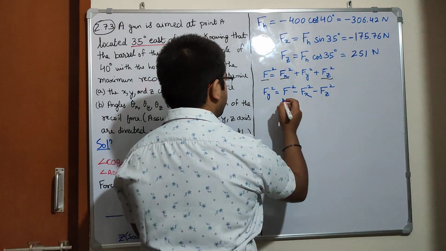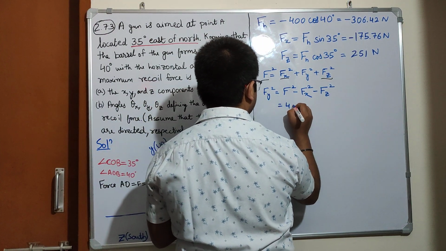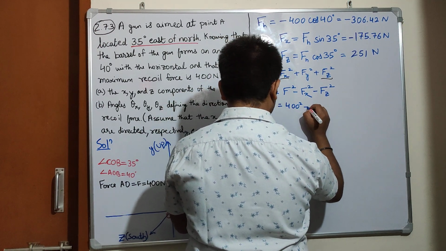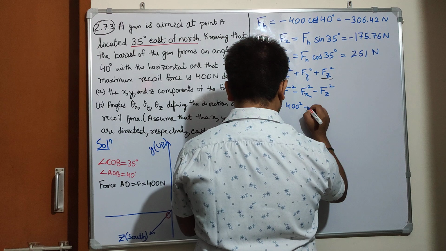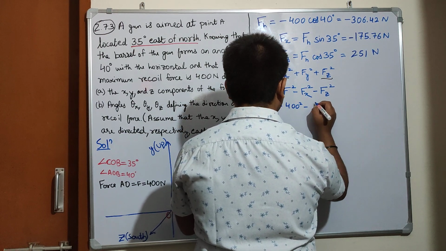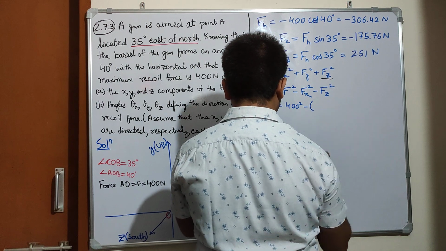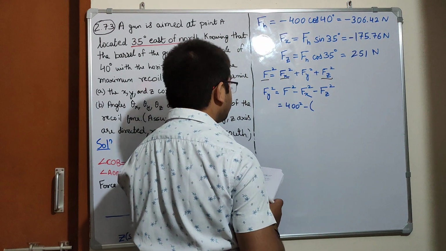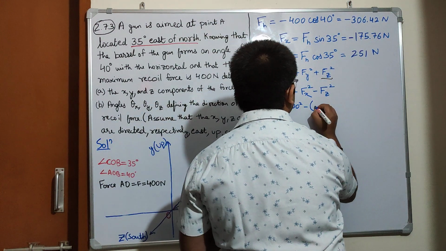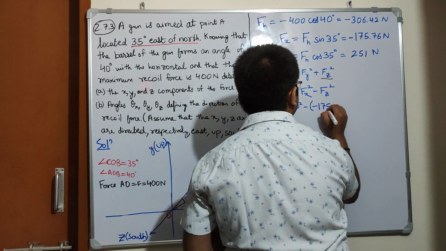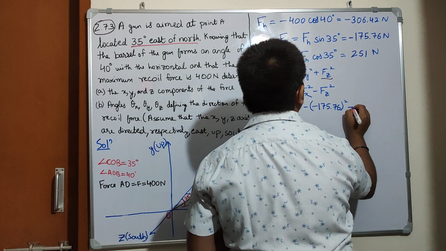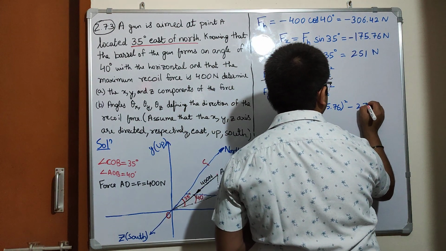So this is 400 square minus minus 175.76 whole square minus 251 square.